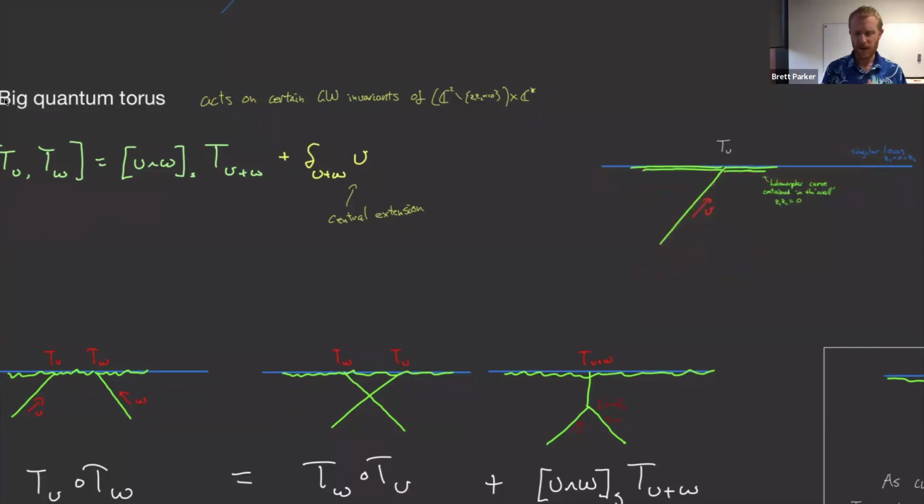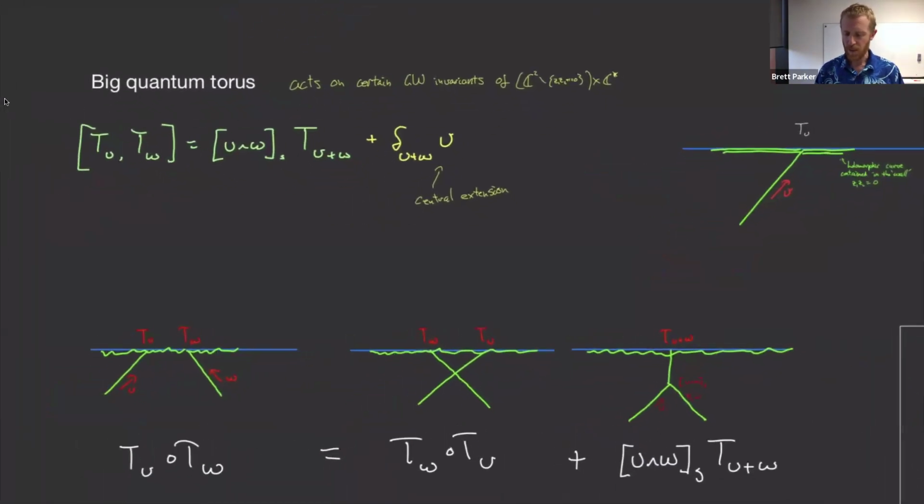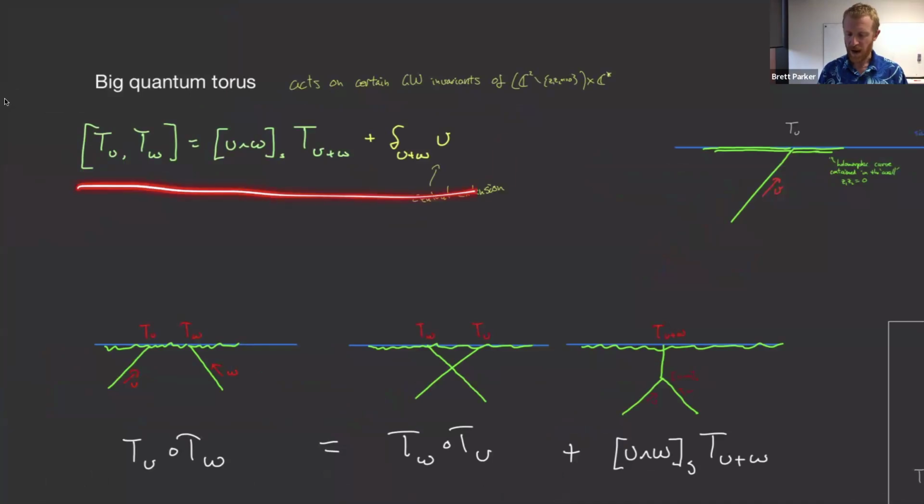We can package these Gromov-Witten invariants into operators, T_V, and these operators satisfy a commutation relation, which is a central extension of the quantum torus Lie algebra I was talking about, but I won't say anything about that.